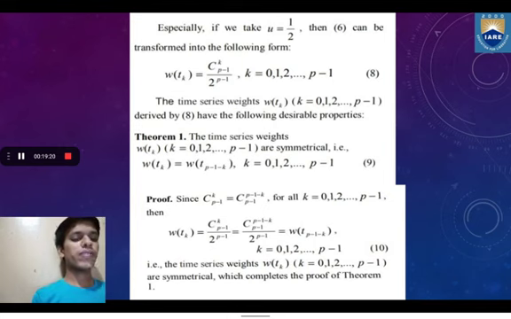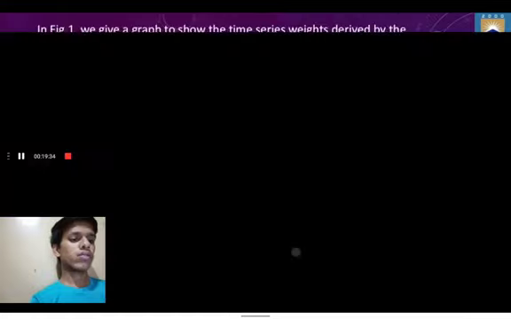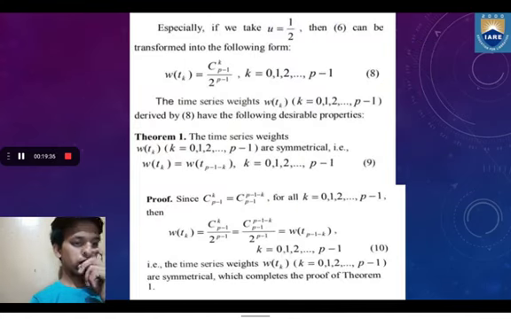Then w of tk is equal to (p minus 1) C k by 2 to the power p minus 1, which is equal to (p minus 1) C (p minus 1 minus k) by 2 to the power p minus 1. So this is the weight vector: w of tk is equal to w of t (p minus 1 minus k). Hence we have proved theorem 1, that is, the time series weights are symmetrical.